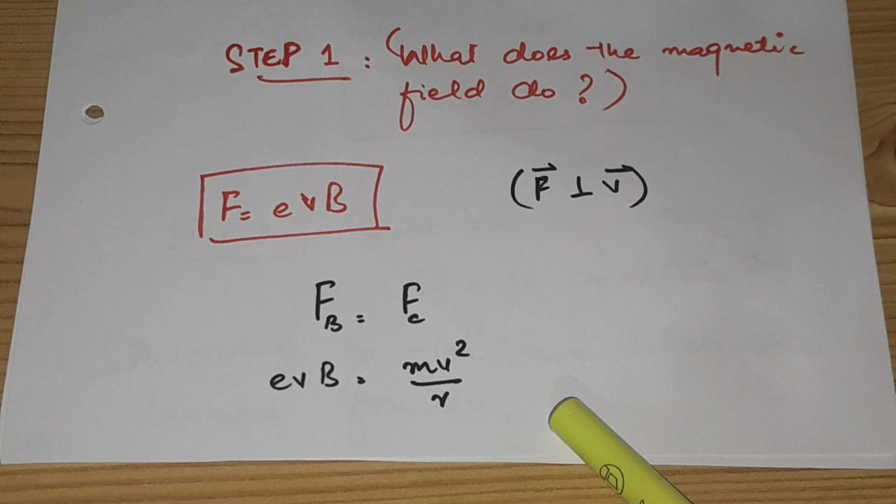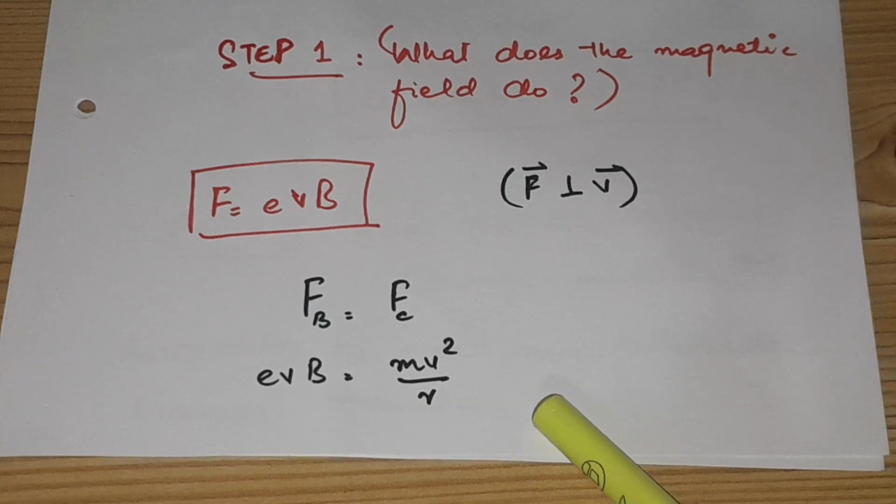It changes the direction of motion without changing the speed. Therefore, the electron follows a circular path.